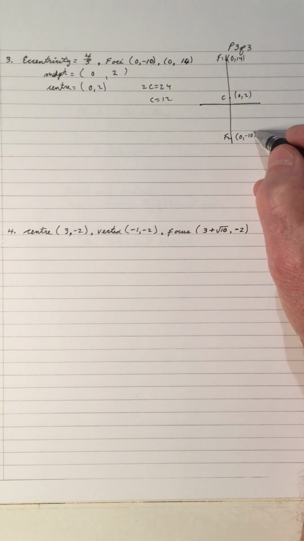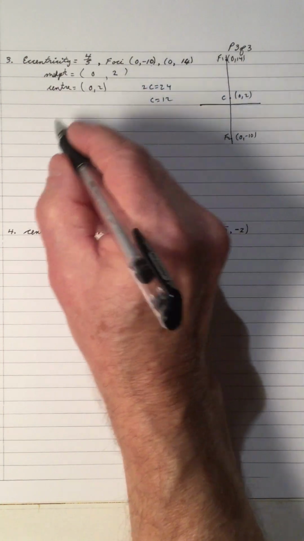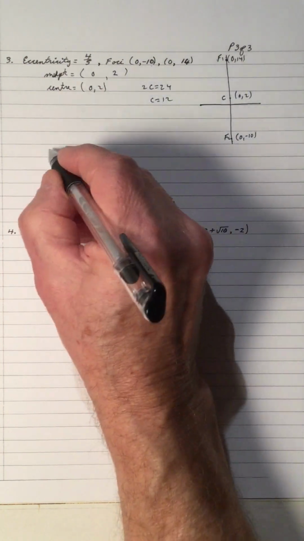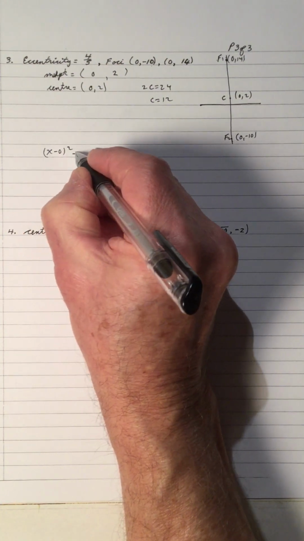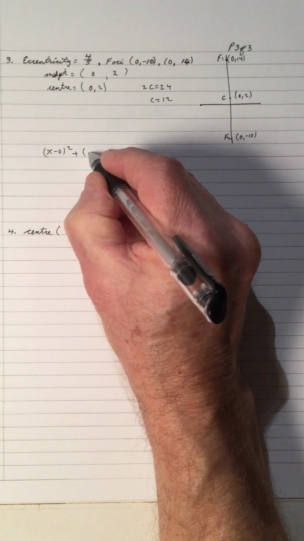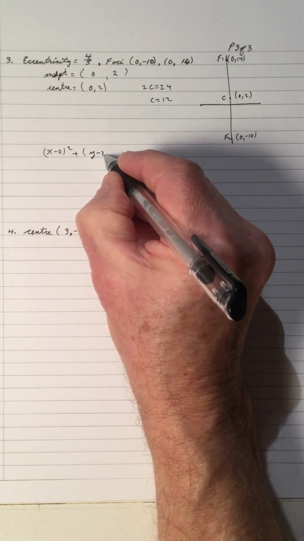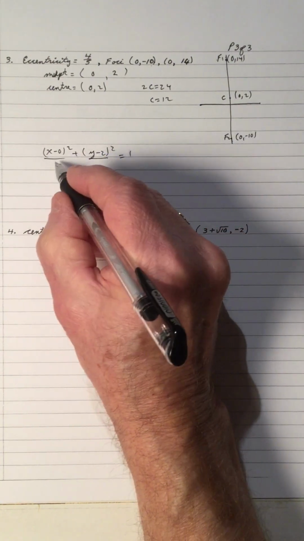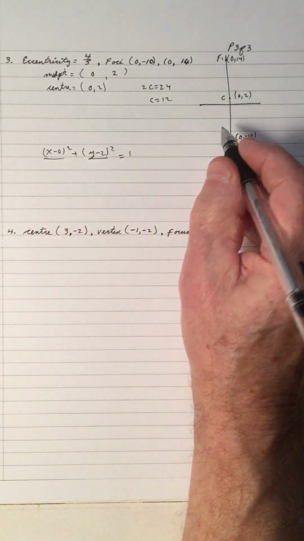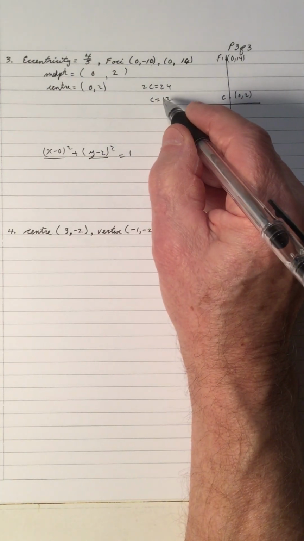Now, how do we get the equation? We have the center, so x is 0, so that's x minus 0 squared, and k is 2, so it's y minus 2 squared equals 1. We need the a and the b to get the equation, but we only have the c.